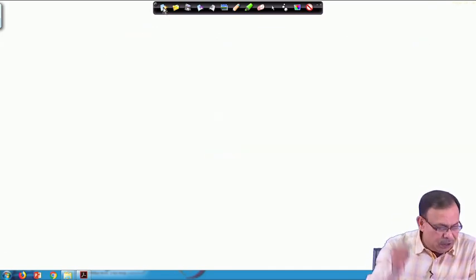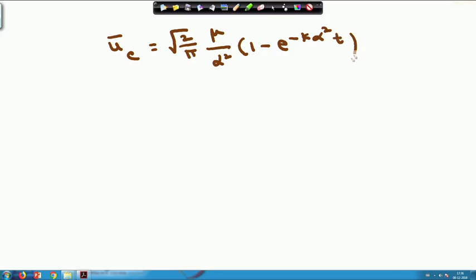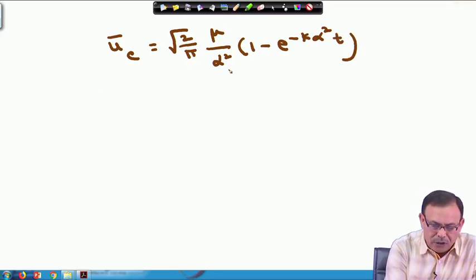So, what I will obtain is that u bar c equals root over 2 by pi into mu by alpha square into 1 minus e power minus k alpha square into t. Now, take the inverse Fourier cosine transform on it to obtain the value of u(x, t).